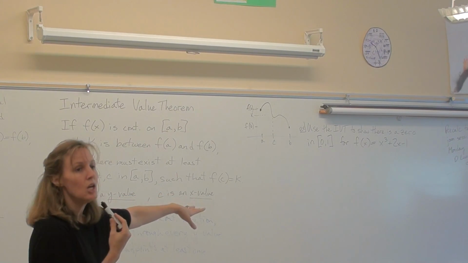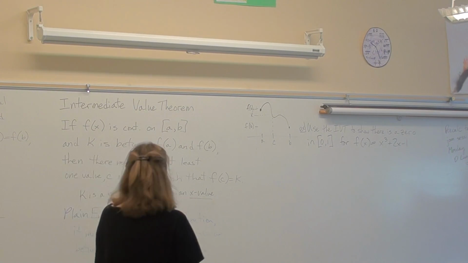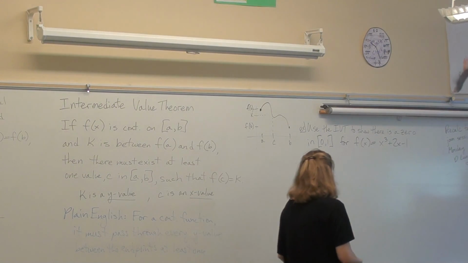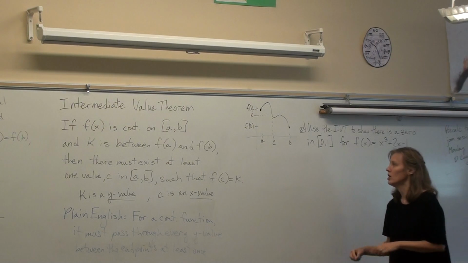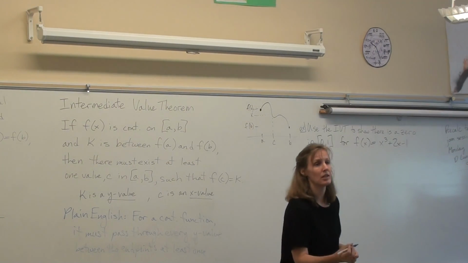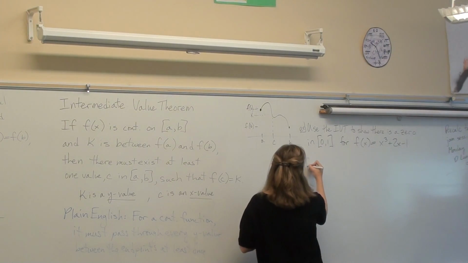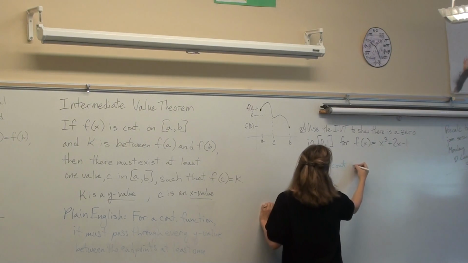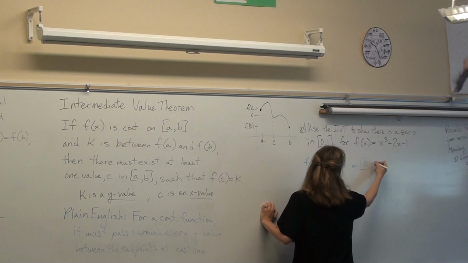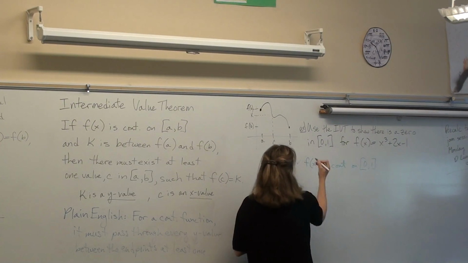Yeah, it's continuous. You don't have to prove that it's continuous. In this class, we don't have to prove continuity. We have to prove discontinuity, but not continuity. But you do have to show me that you checked it. So here's what I'm going to be looking for. F of x is continuous on the closed interval 0 to 1, check.